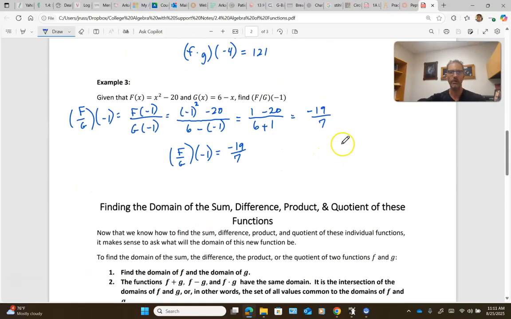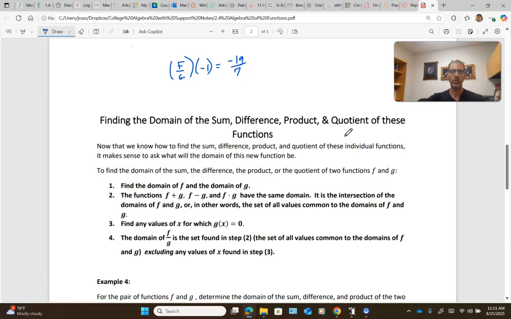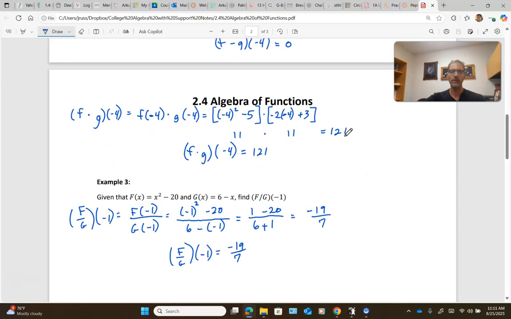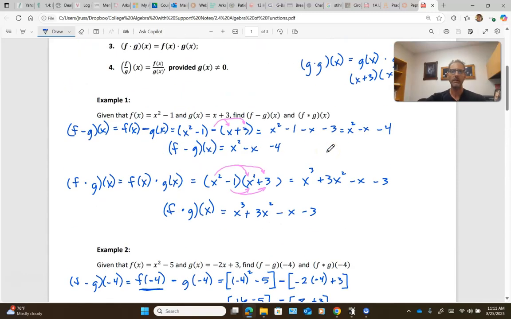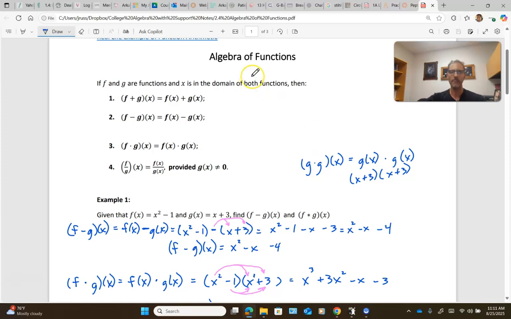What we're going to do in part 2 is think about the lemonade example. So we have a cost function, we have a revenue function. We subtract the two, and we get a profit function.